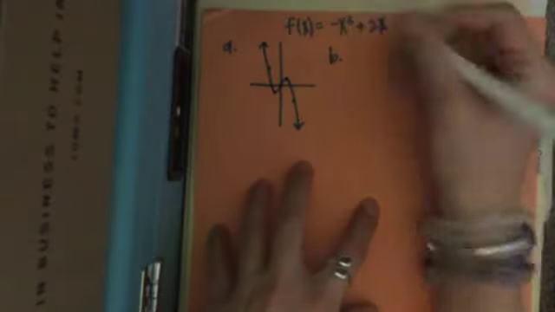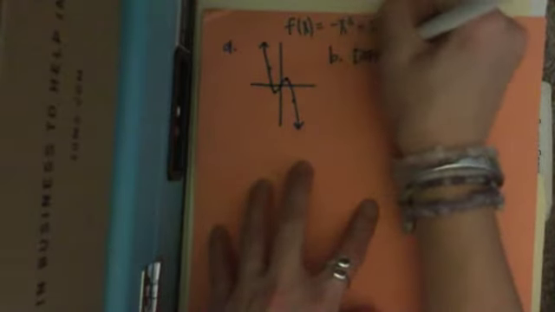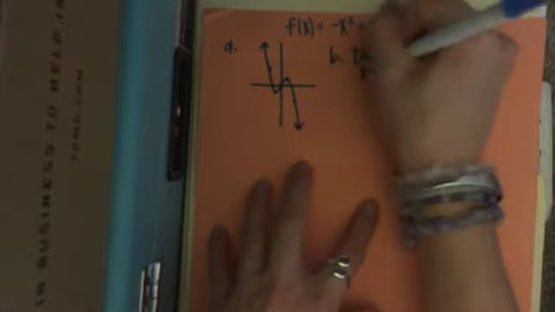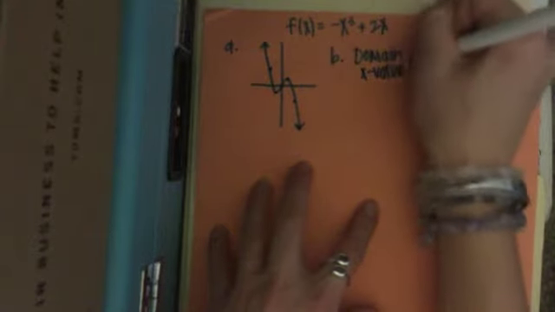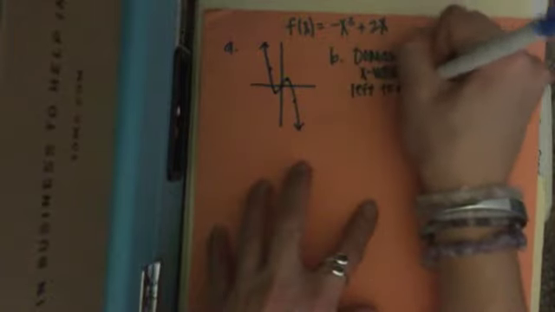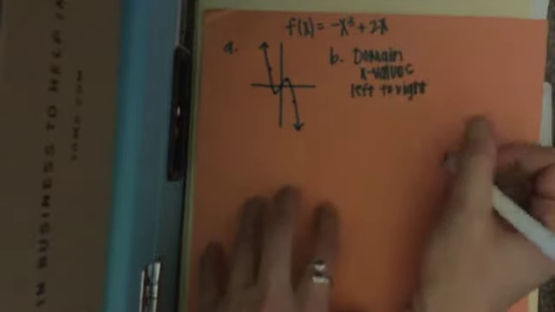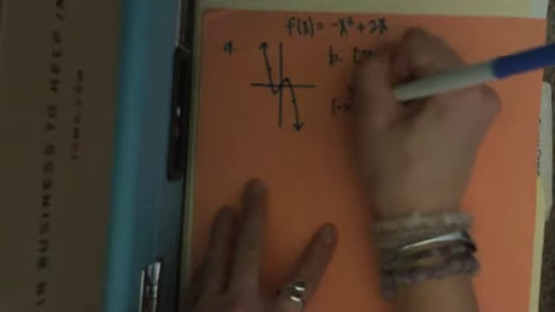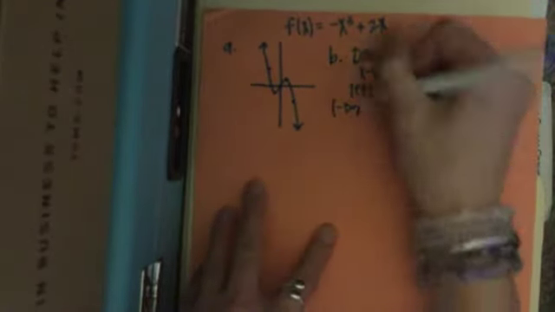Okay? And then it asks us to find the domain and range. So the domain, that is your x values, and this is left to right. If we look at this, this is going to go forever in that direction, so that's going to be negative infinity. It's also going to go forever in this direction, so that's going to be to positive infinity.